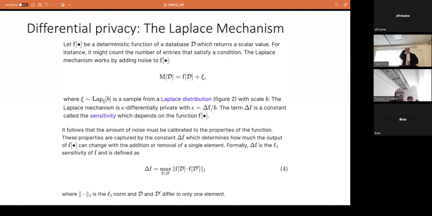So should it mean that when I make a request on the number of complaints, for example, the noise will be drawn at random once and for all, and then I will always get the same answer to that same query? That's the first question. And the second question, which is related: this would be an attack by asking several times the same question. Yes. But you can also imagine another kind of attack by asking many different questions.